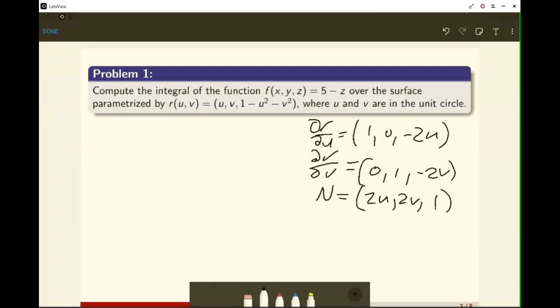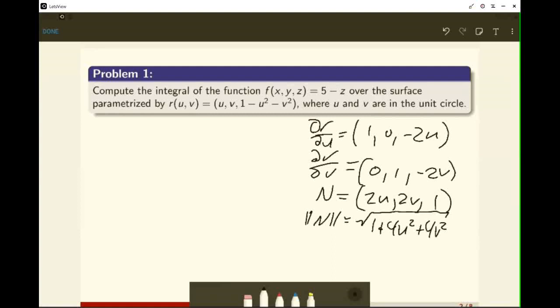That tells us that the magnitude of n is the square root of 1 plus 4u squared plus 4v squared, which is not the friendliest looking thing, but it'll work out okay.